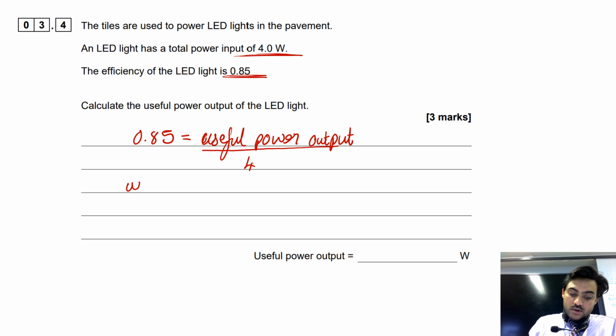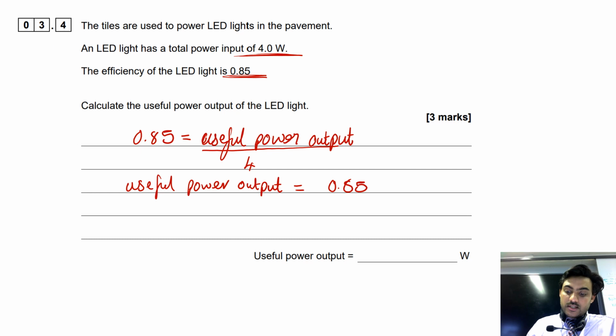So useful power outputted is equal to 0.85, the efficiency, times by 4.0, which is the total power inputted. Trusty calculator, 0.85 times by 4 gets me an answer of 3.4. That's the answer that I'll write here.